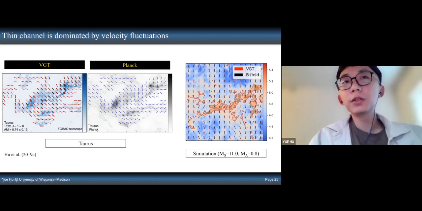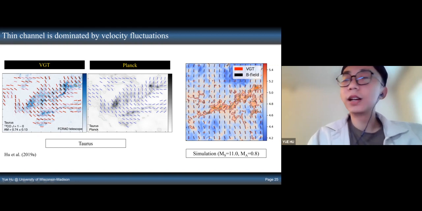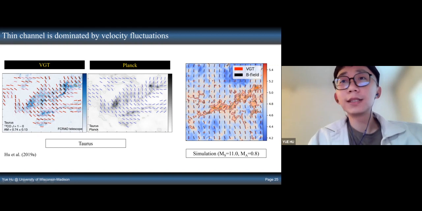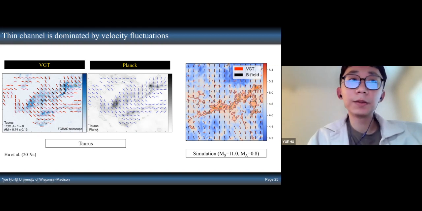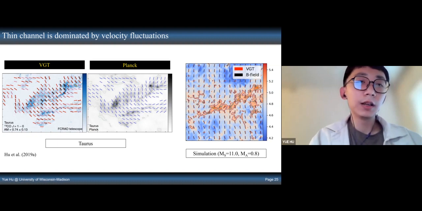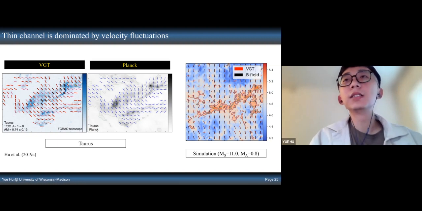And we see very good agreement between the velocity gradient result and the polarization characterization. And as we demonstrated in the numerical simulation, even if we have some strong perpendicular density structures, we can still trace the magnetic field. But this is for the two-dimensional magnetic field on the plane of sky. What we need is the three-dimensional magnetic field.